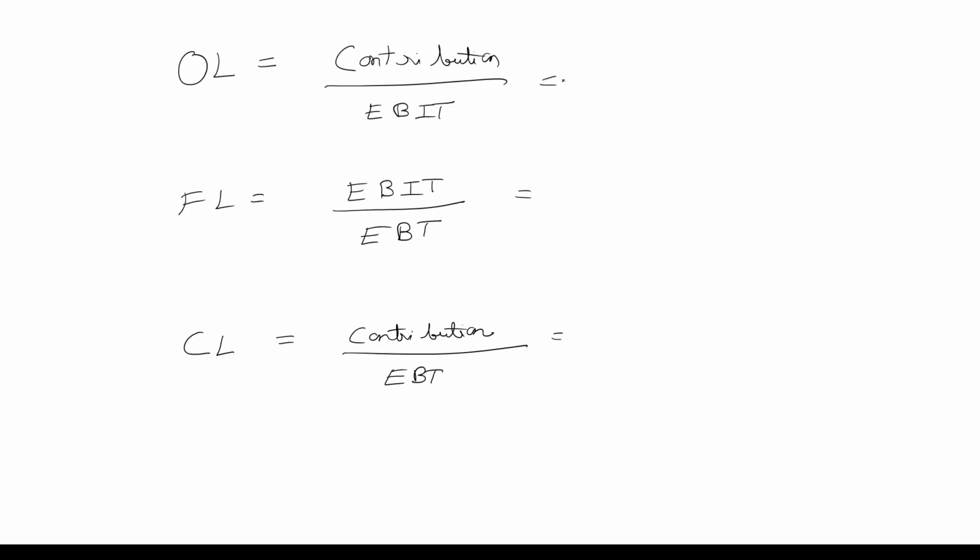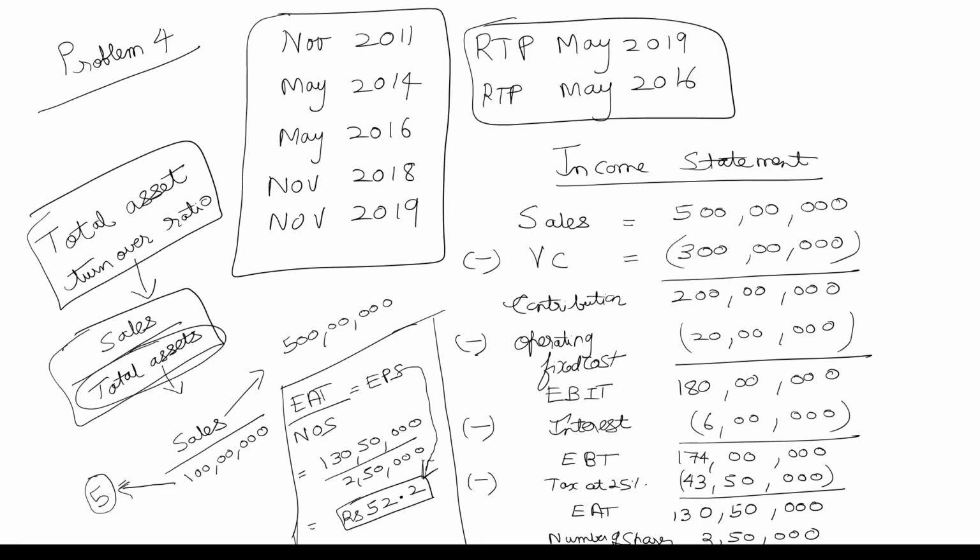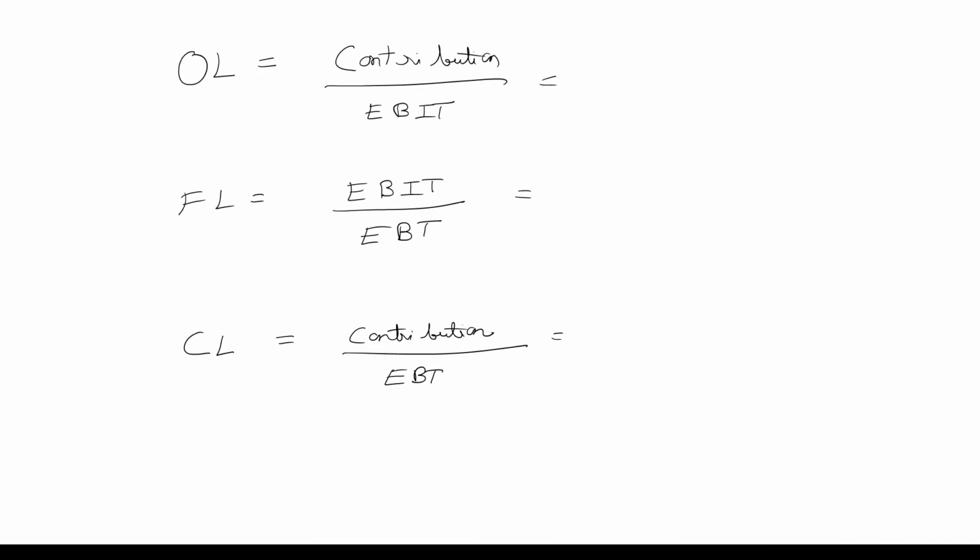So let me go to the income statement to fetch numbers. 200 lakhs contribution and EBIT is 180 lakhs. And so this is going to give me 1.11 times.